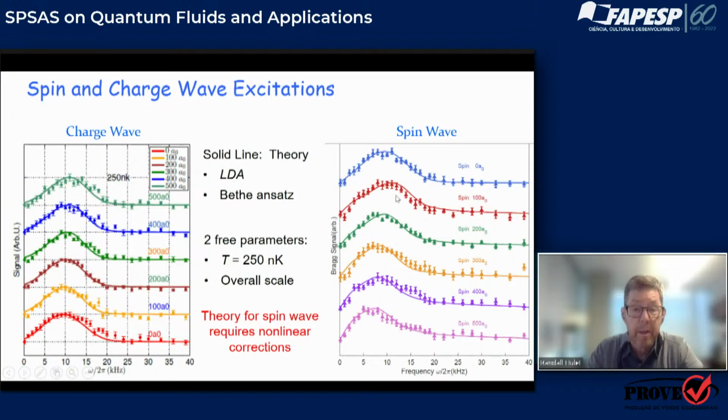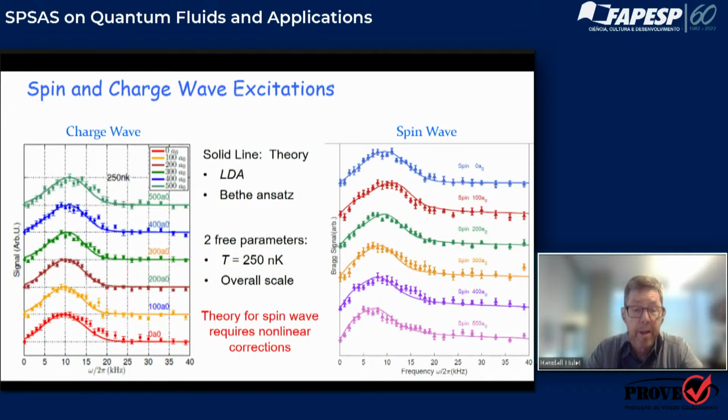And the solid lines are theory, and there are only two free parameters in this fit. One of them is the temperature that fits, the best fit is 250 nanokelvin, which is quite reasonable, and the overall scale factor for the structure factor.